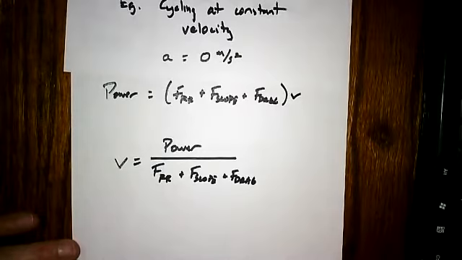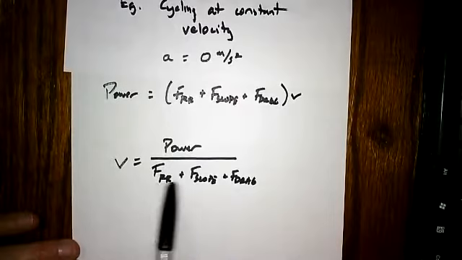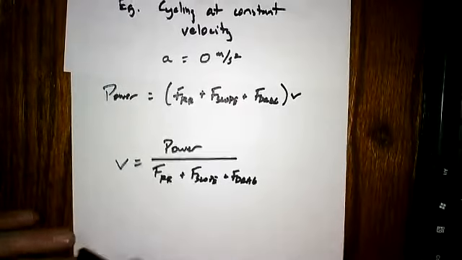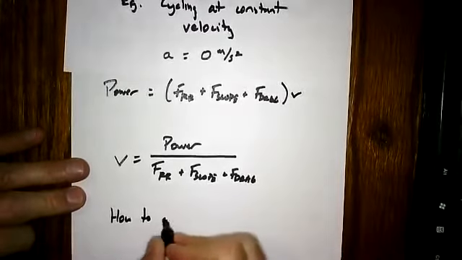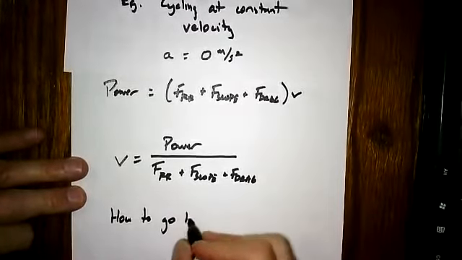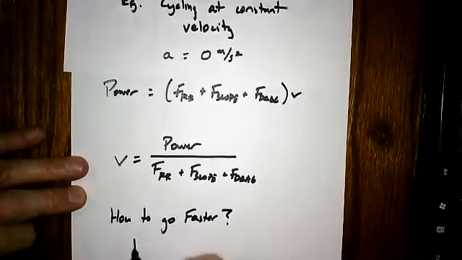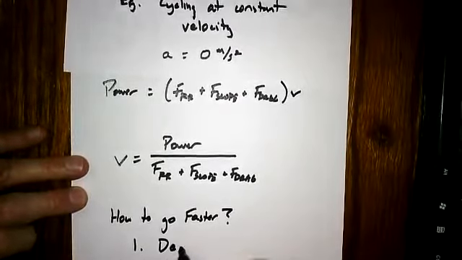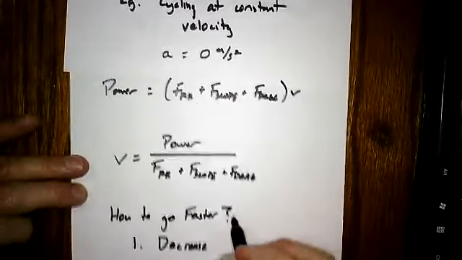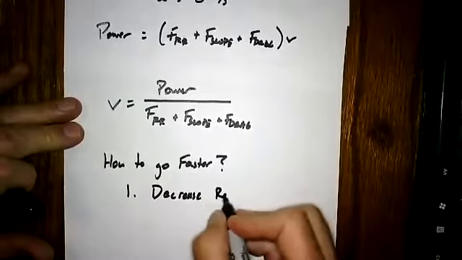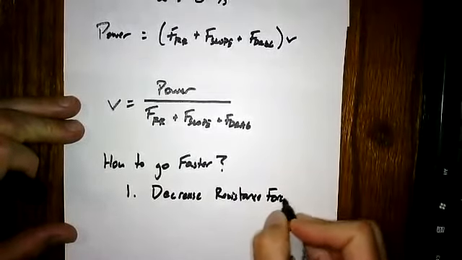So what's the secret to going faster? How to go faster? There are two ways. One, decrease the denominator in this equation. Decrease resistance forces.